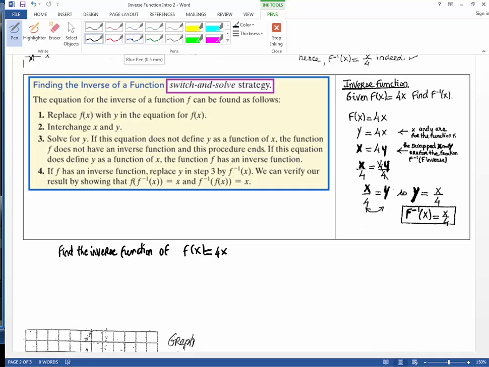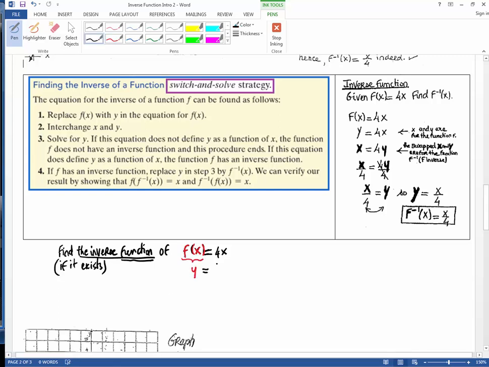So first thing, and they should say if it exists. Notice they are calling it the inverse function, and if it exists you can call it f inverse. Now let's go ahead and see how we do our steps. So first thing we do, instead of f of x, we're going to call that red y.